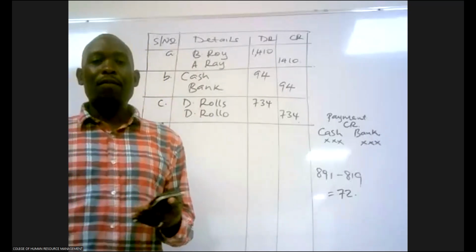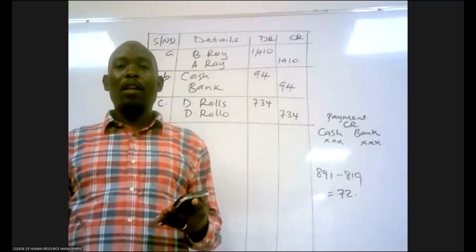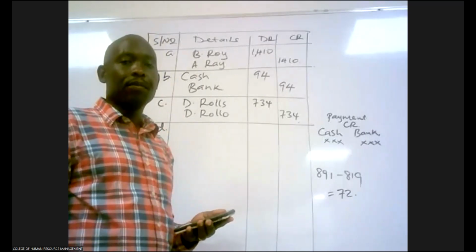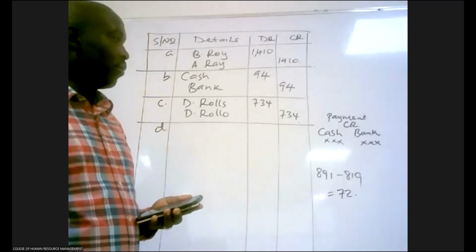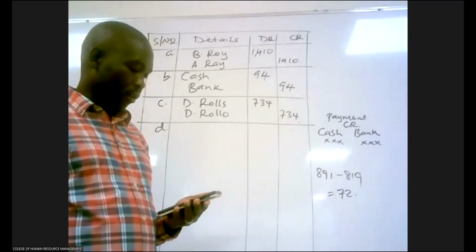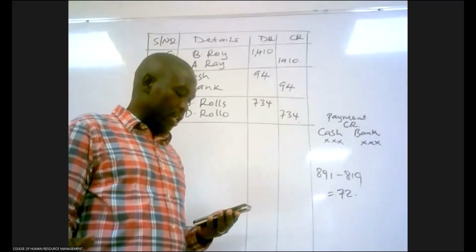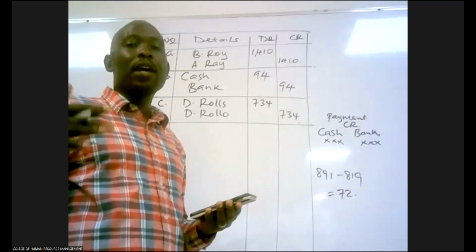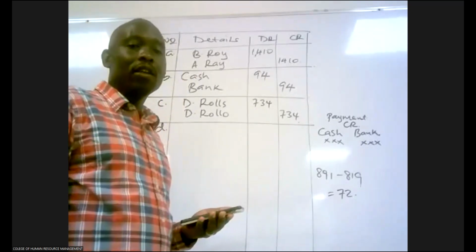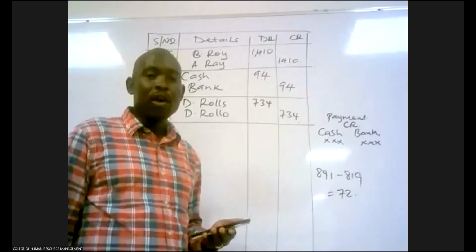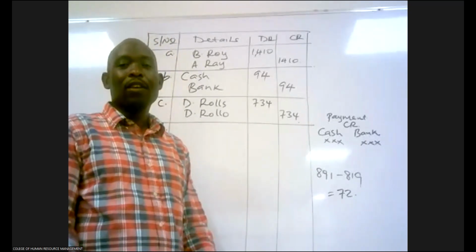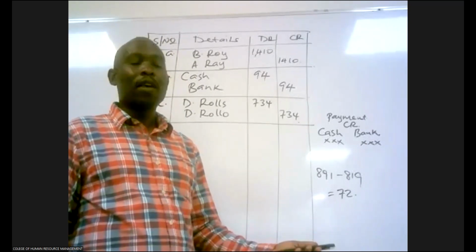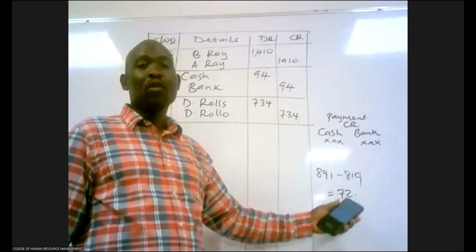Now, after getting the difference, the next question is, is it an overcast or an undercast? It was supposed to be 819, but was entered in error as 891. So we entered more. It is an overcast. When it is an overcast, we are supposed to subtract 72 from each account.